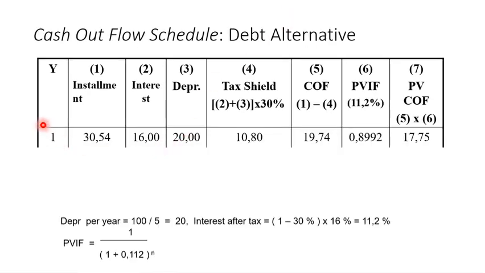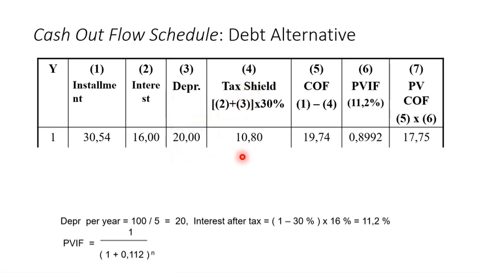So now let's start. Okay, year 1. Our payment or installment here is 30.54 million. And the interest which comes from the loan schedule is 16 for year 1, and the depreciation is 20.